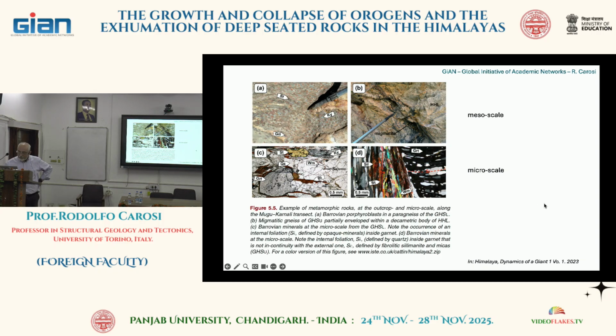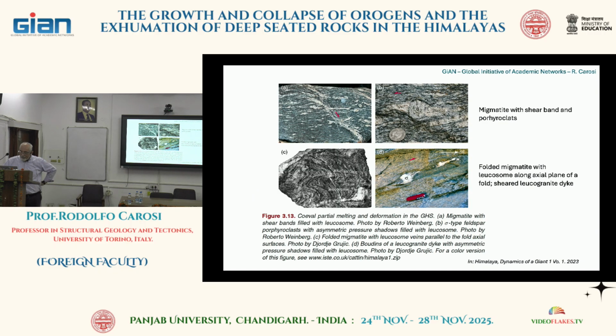This is from a chapter of the book Himalaya: Dynamics of a Giant, where me and a colleague described the tectonic and metamorphic features of the Greater Himalayan sequence, just an abstract but it is useful.